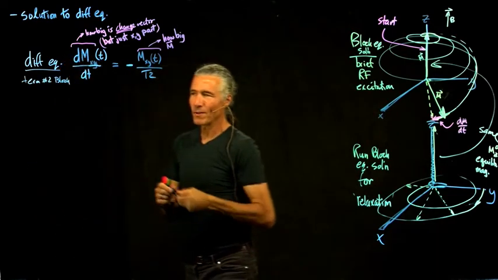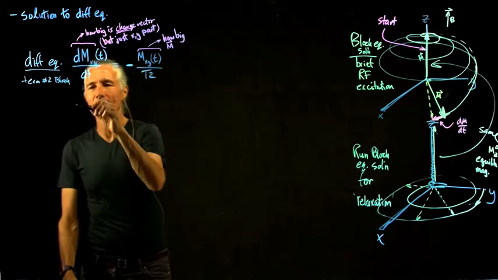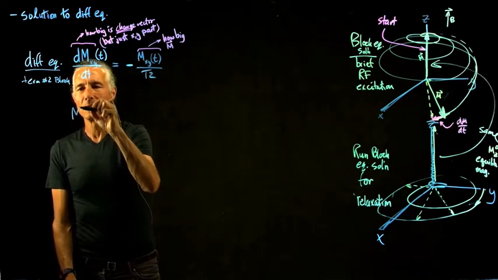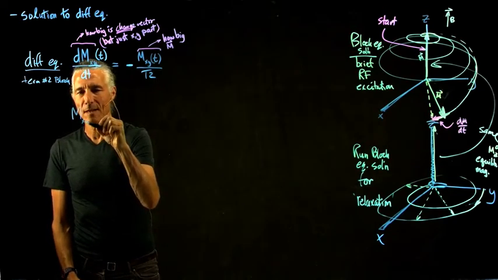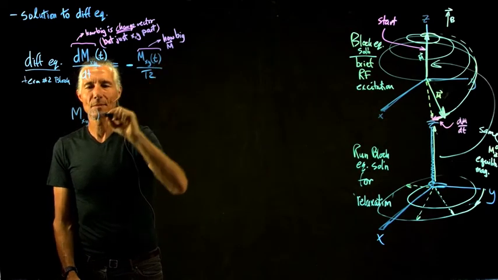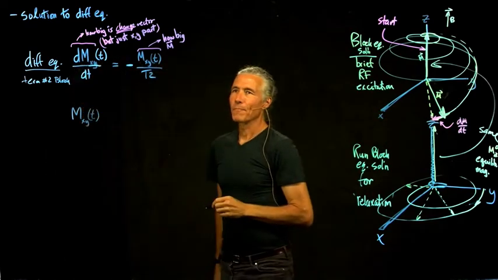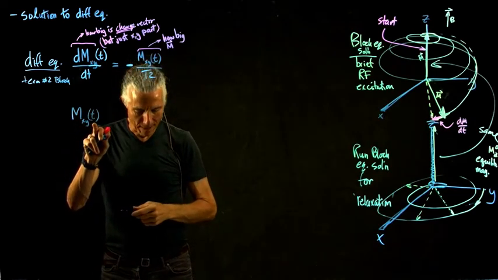And then we said we found a solution to that differential equation, and the solution was the following function. So the mxy, that guy at the top there, how big is the m vector at a particular point in time?